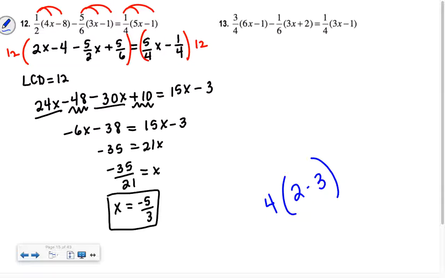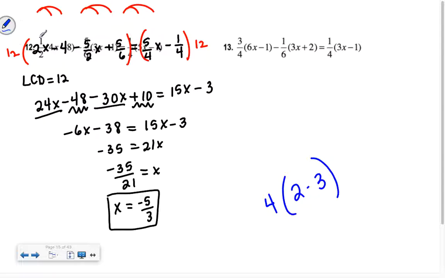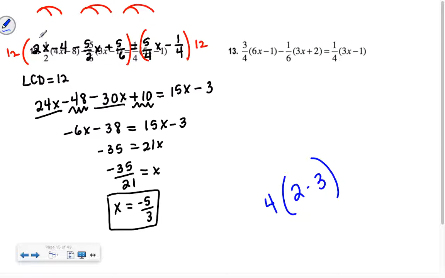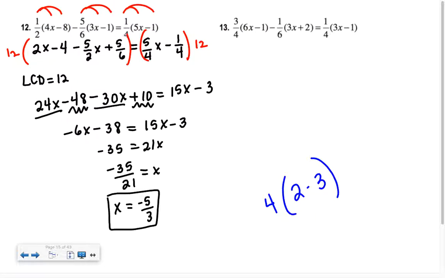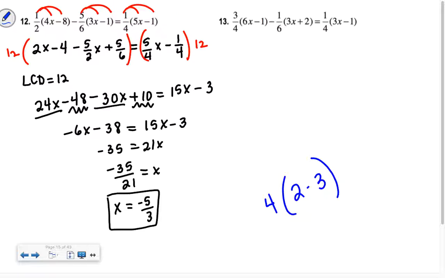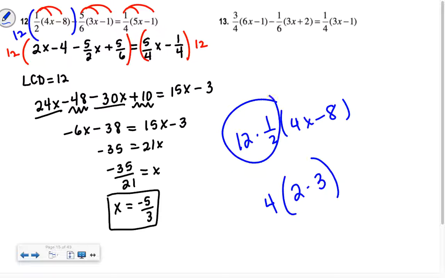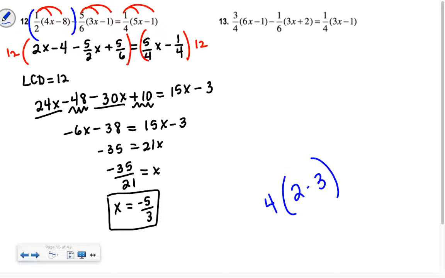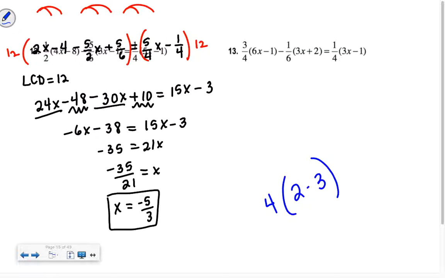So if I multiply the whole thing by 12 originally, then for this term, 12 times 1/2 times 4x minus 8, I just multiply here. I don't multiply into the parentheses. Do you understand that concept? I get the 6, and then it's all times the 4x minus 8. That's what's tricky for Algebra 2 students. They sometimes want to multiply into everything. So it's kind of tricky.